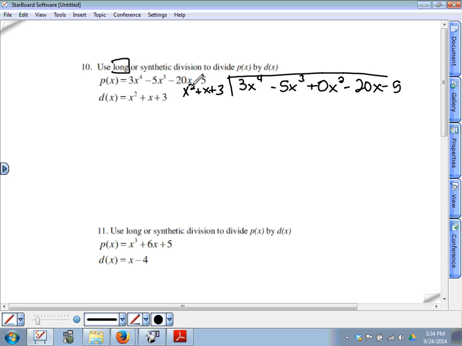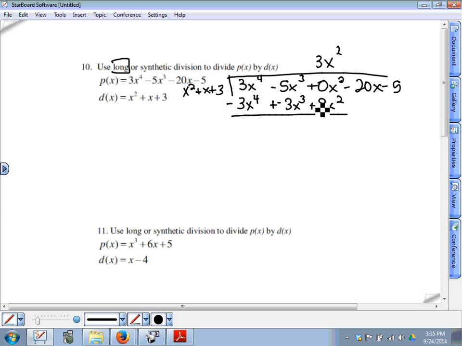Now, to turn x squared into 3x to the 4th is going to require 3x squared. 3x squared times x squared is 3x to the 4th. 3x squared times x is 3x to the 3rd, and then 3x squared times 3 is 9x squared.